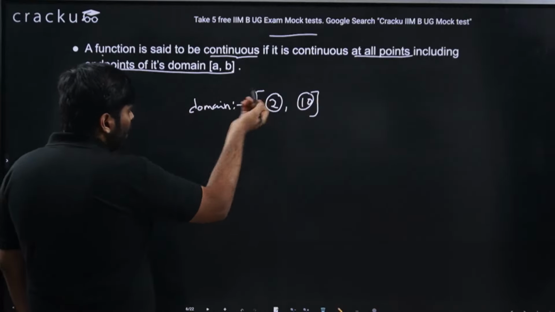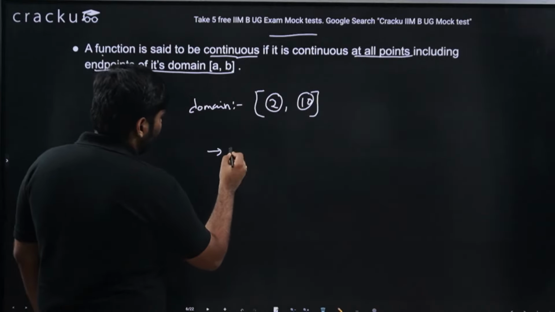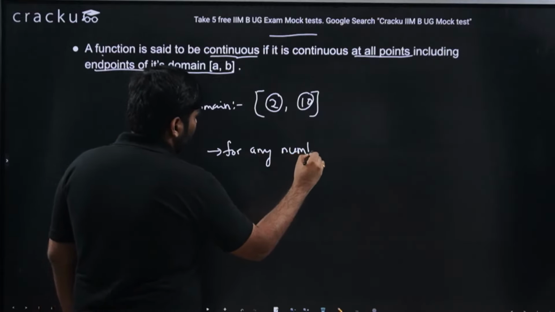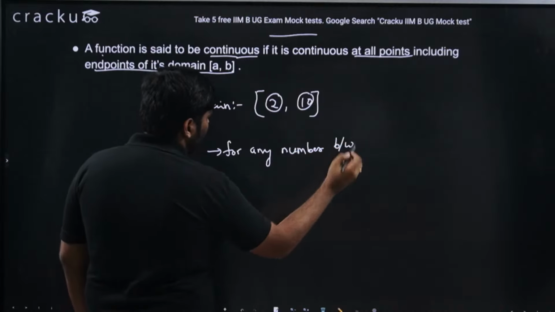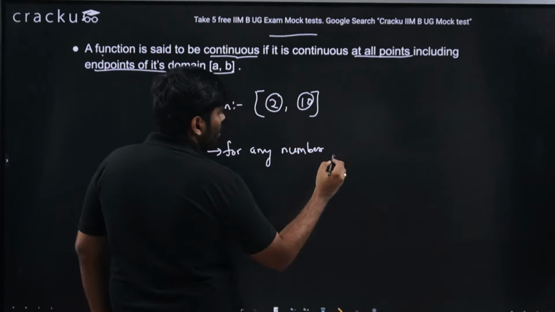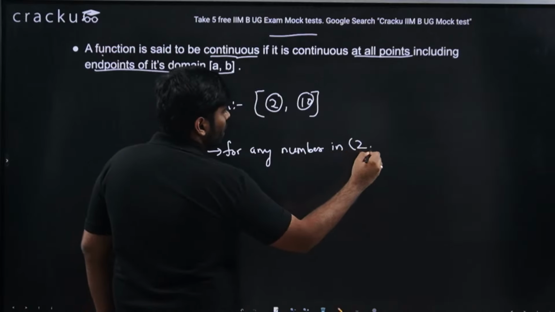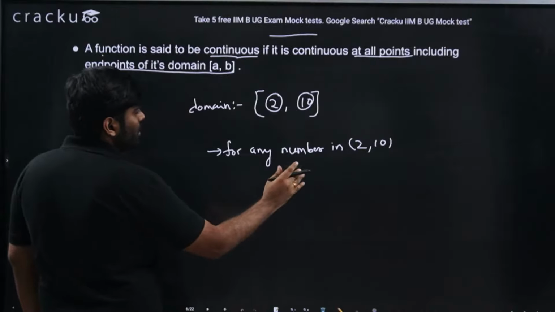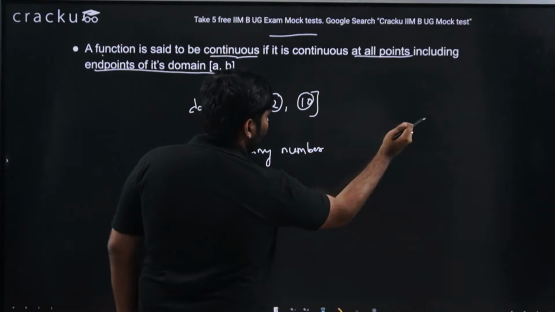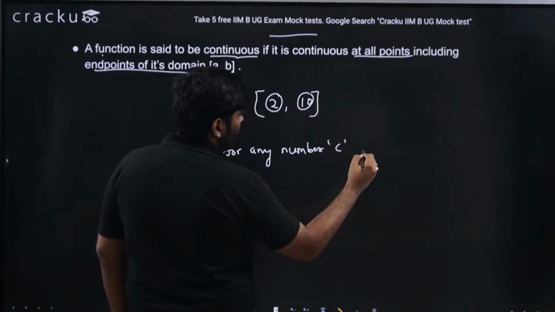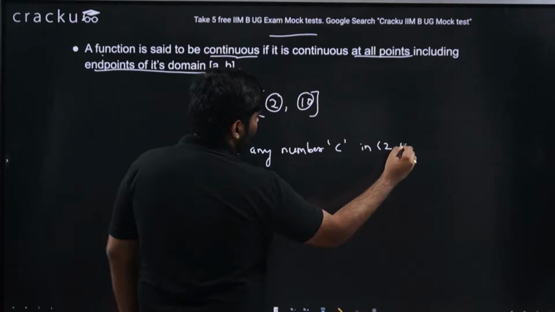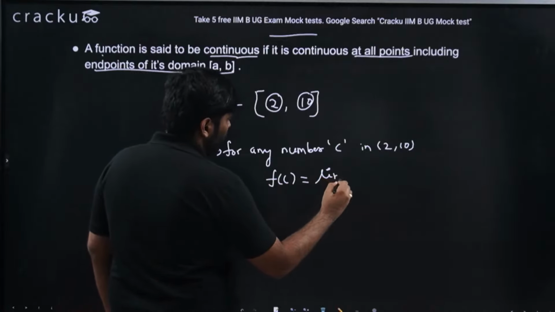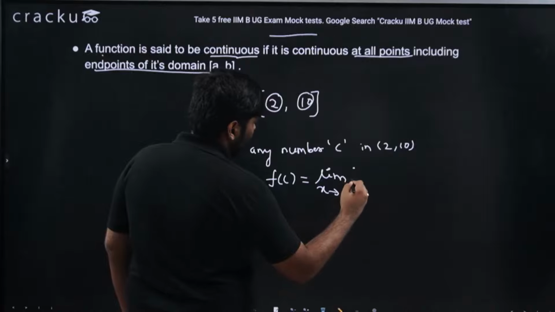Let's say for any number c in the open interval 2 to 10, that is, 2 and 10 are excluded, any number you can take, then f of c should be equal to limit as x tends to c of f of x.